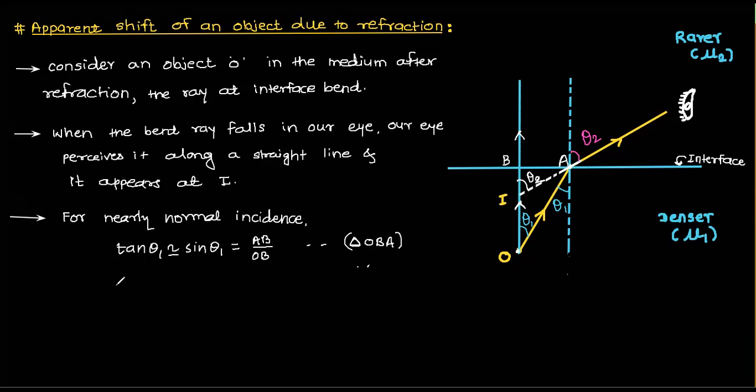So therefore, tan of theta 2 is nearly equal to sine of theta 2, and that is equal to, again you are getting AB by IB. So which triangle is this? Triangle IBA. So this is also theta 2, that's why I am making this also theta 2. Okay.